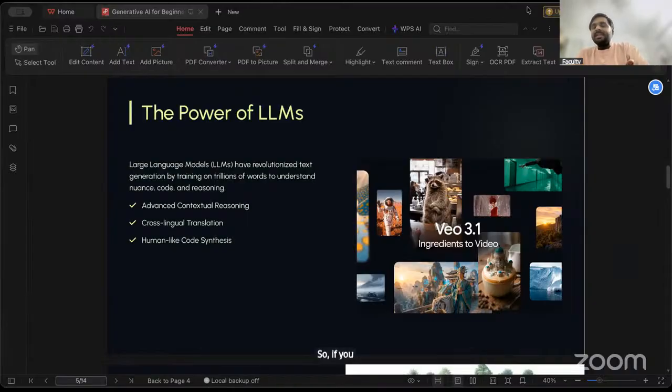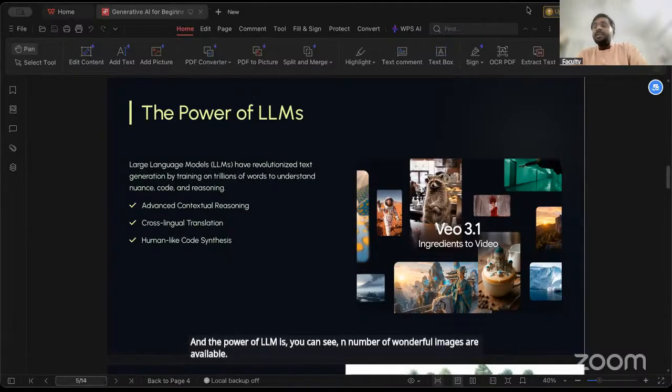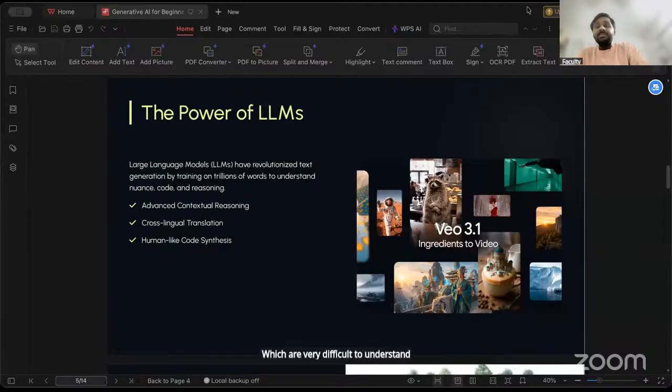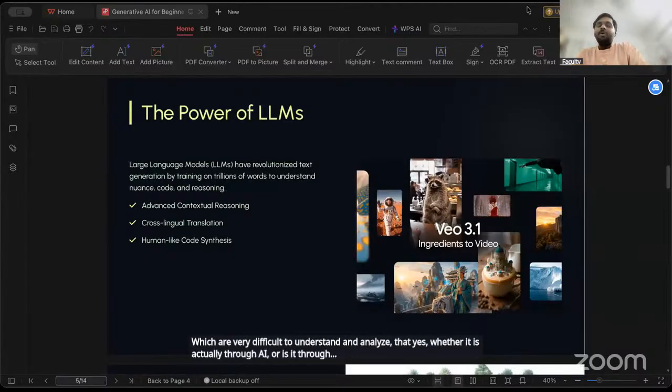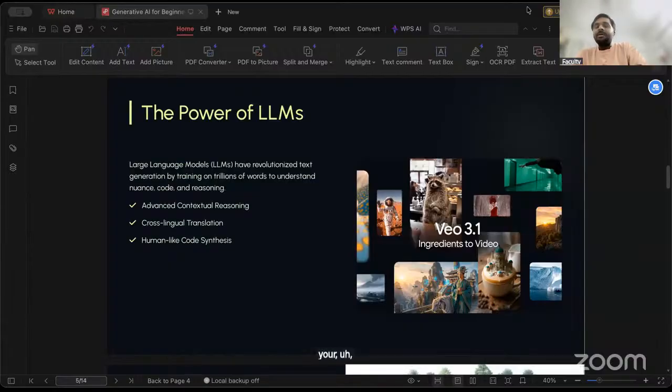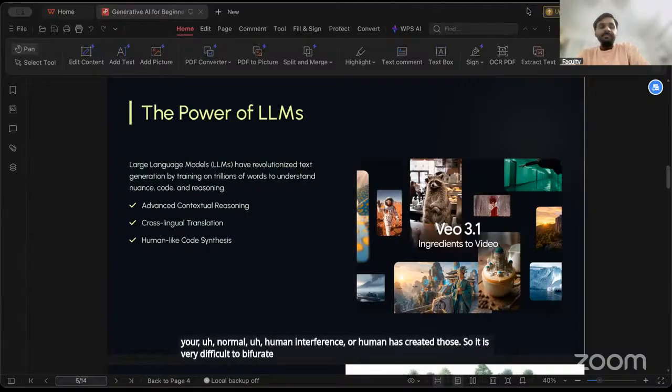So if you have created an LLM for textual data, try to learn for video data, try to learn for image-based data as well. So that you should be able to do. And the power of LLM is you can see n number of wonderful images available, which are very difficult to analyze, whether they are actually made through AI or created by a human. It is very difficult to bifurcate between both of them.